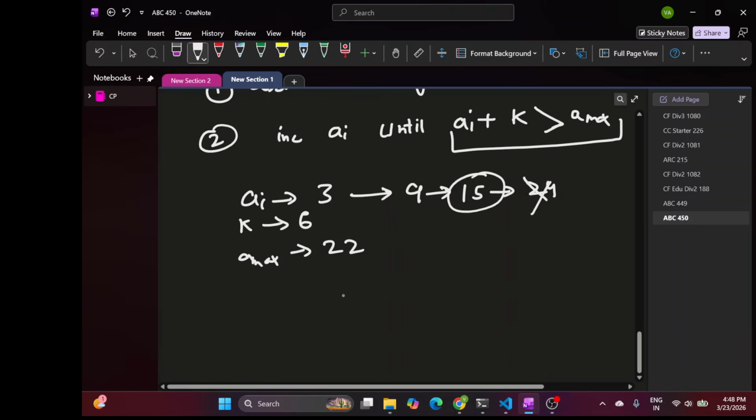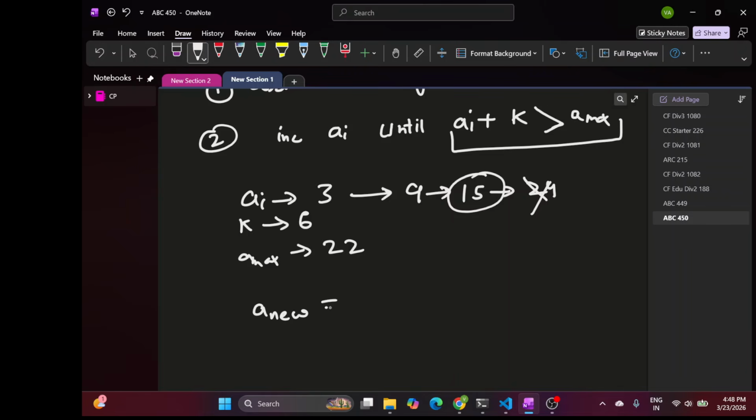And how can we do this in a single operation? A new is basically what? Or what exactly are we doing? A new is Ai plus some x times k, and this is less than or equal to A max, right? And we need to find the maximum value of x, right?